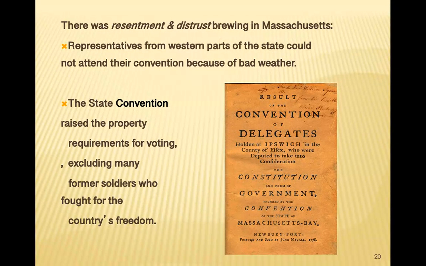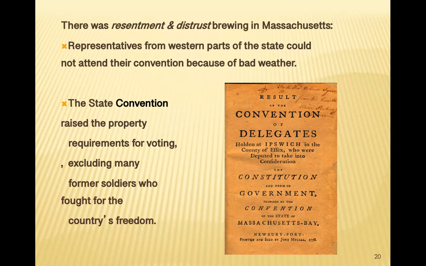So, in other words, in order to vote in the state legislature, you had to be a landowner, and they didn't have any money to buy any land. They weren't able to vote in the state legislature or to vote at all.